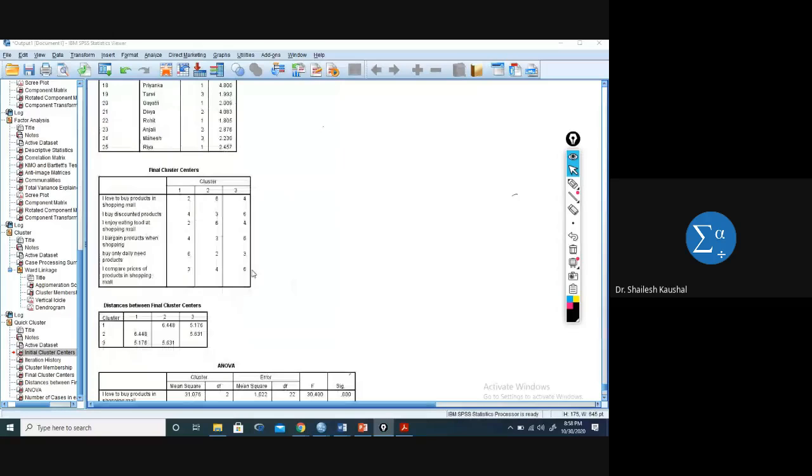Okay, this is the final cluster analysis. It is the same as the initial cluster analysis.